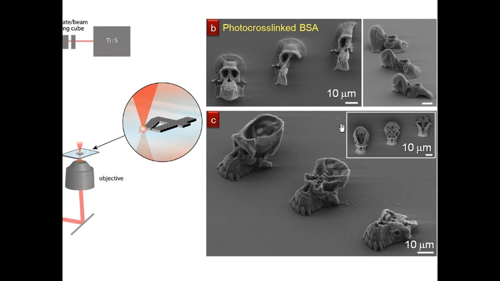Now these structures were actually made out of photo-cross-linked BSA. BSA is bovine serum albumin. It's a protein. So it's actually showing that you can use these laser write methods to pattern proteins directly. They had a special type of formulation of bovine serum albumin. By the way, albumin is one of the most abundant proteins in your blood, just so you know.